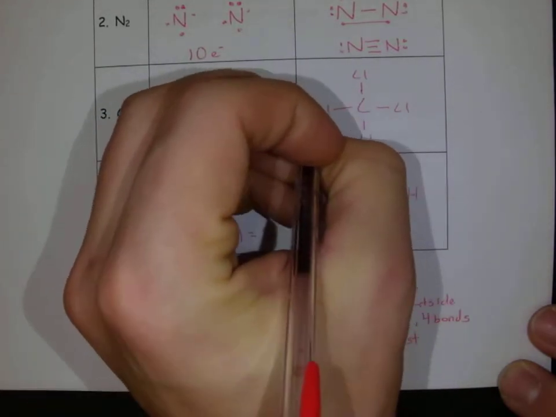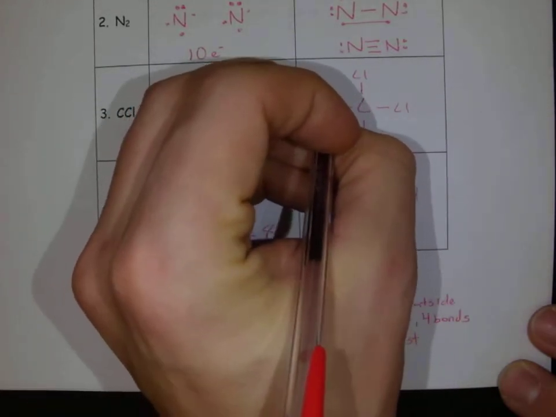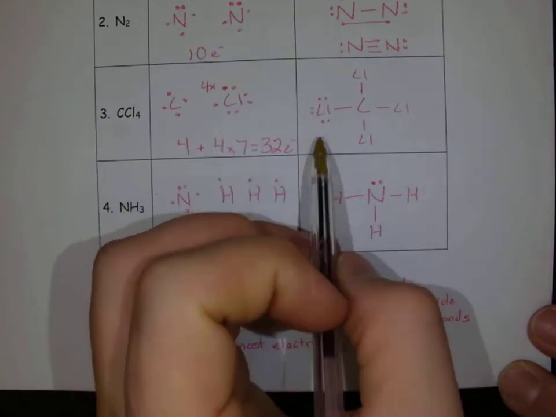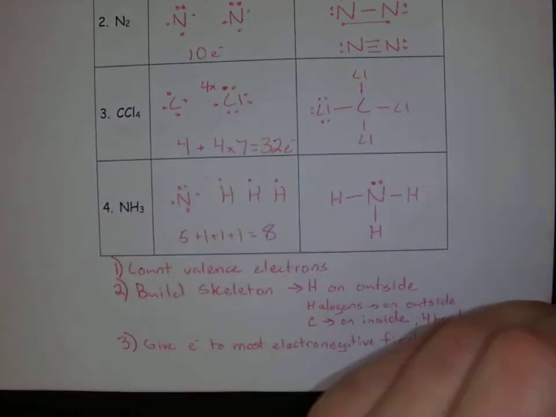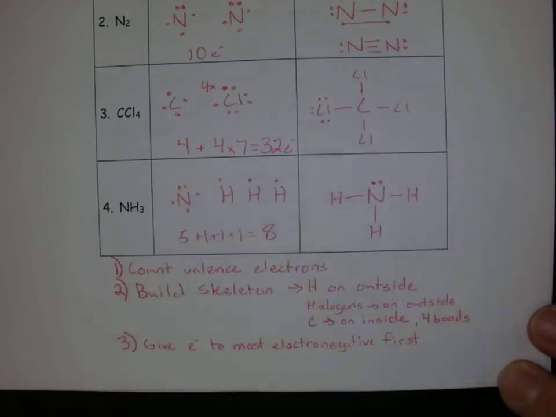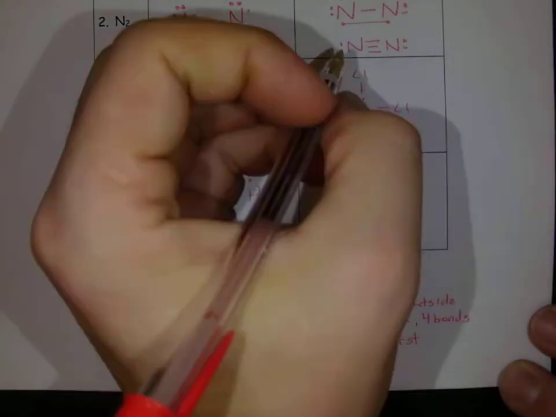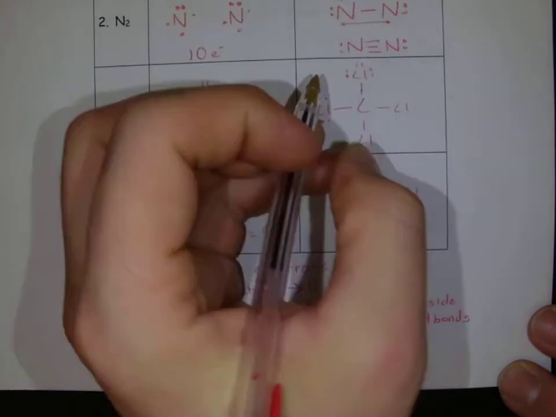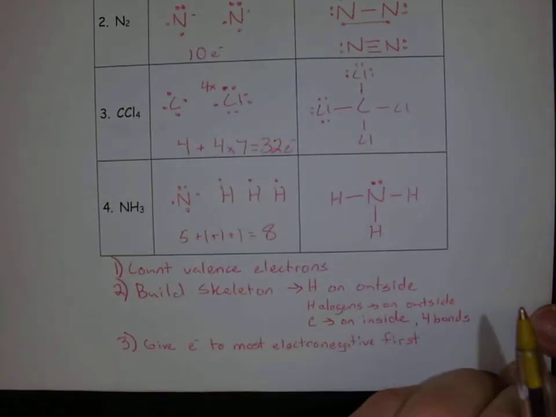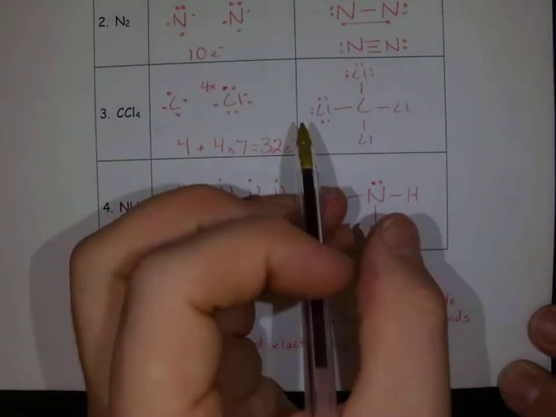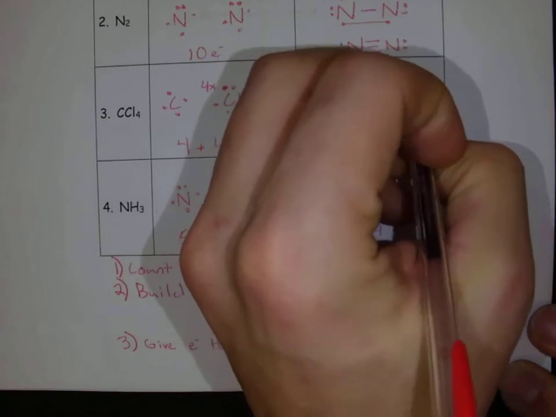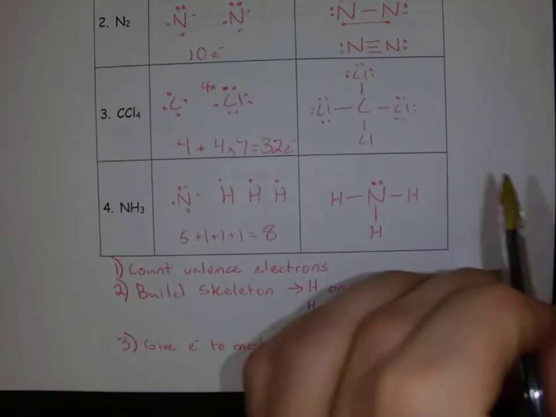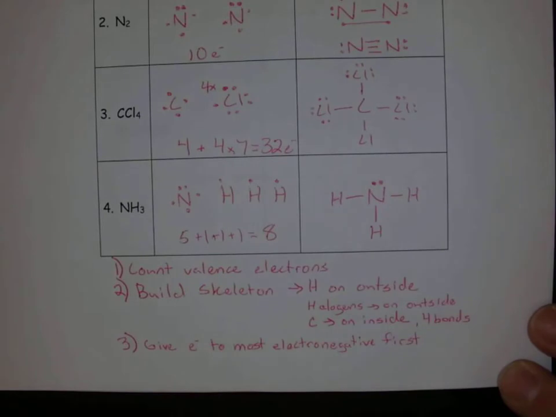So 1, 2, 3, 4, 5, 6: 6 lone pair electrons, so 3 lone pairs for chlorine, plus 2 more. That's 8 electrons around chlorine. It's stabilized. Same for the next one: 1, 2, 3, 4, 5, 6, plus 2 more in the bond. 8 electrons around it. It's stabilized.